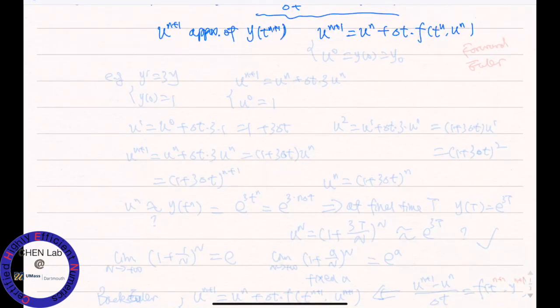And we know u0, because u is an approximation of y, and u0 is at time level t0. We know that, it's given. So this is y0, which is some data y sub 0.